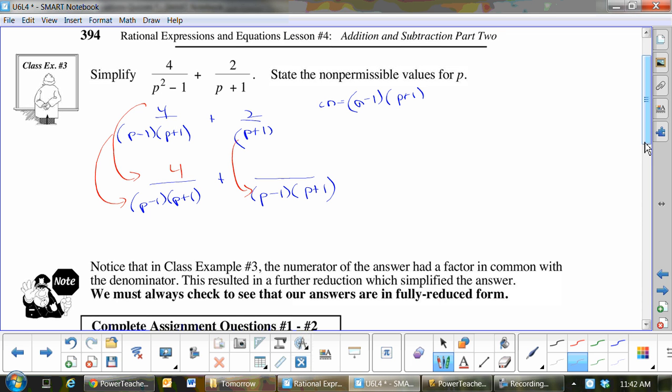Multiply by p minus 1, right? So now I will have 4 plus 2p minus 2 all over p minus 1, p plus 1.